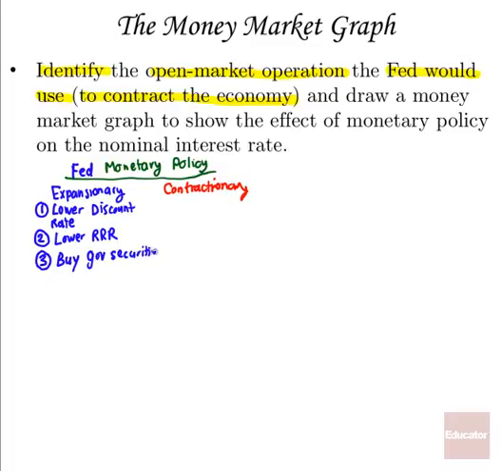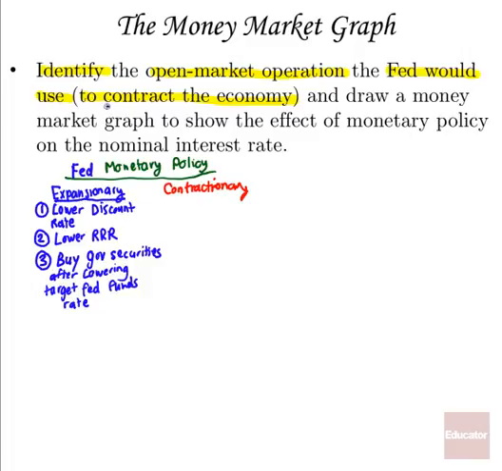Usually when they buy government securities, it is after lowering the target federal funds rate. So these things will expand the money supply here.